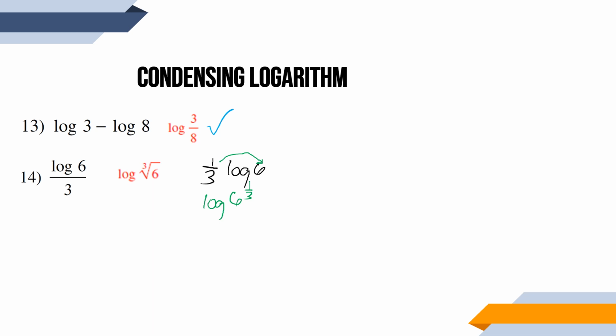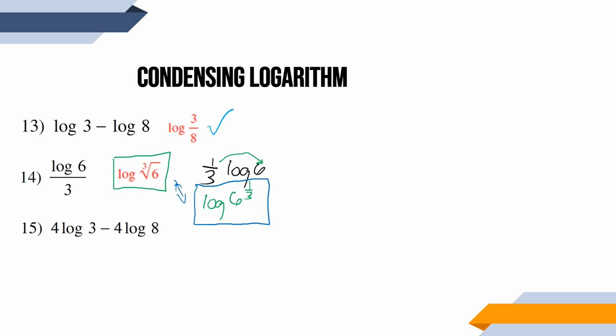This is just equal to the cube root of 6. So again, this will be our answer. Or if you have this answer, actually this is still correct. If we stop here, again, this is still correct. It will depend on the requirement of the teacher. But as for me, both are actually correct.